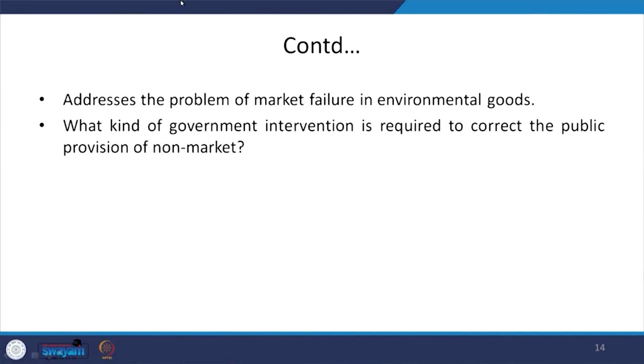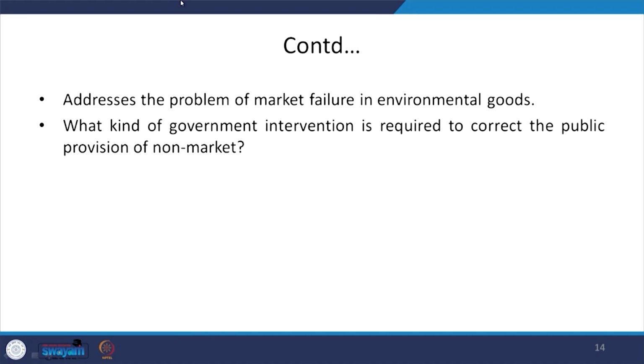Then, this normative economics also addresses the problem of market failure in environmental goods. Market failure is one of the major issues in environmental economics.